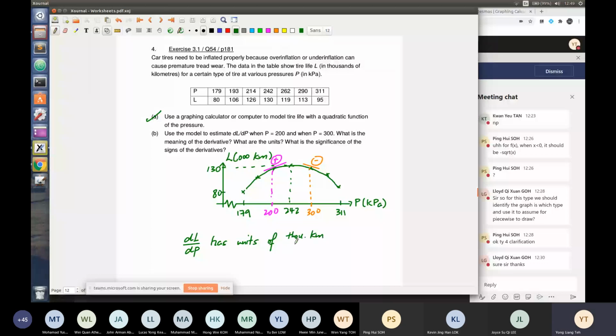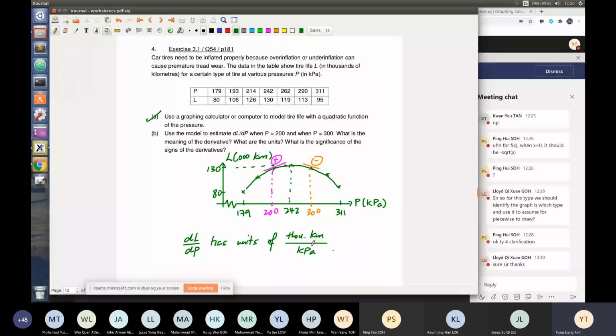Okay, so of course everybody can somewhat deduce this unit easily because this is change in life. Change in life, right? It's actually change in thousands of kilometers over the change in pressure, but change in pressure is also having the units of kilopascal. Okay, so this is the unit of the derivative.